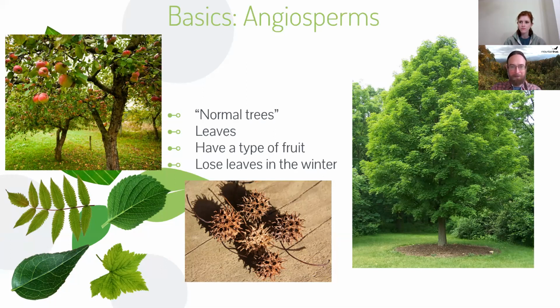They have leaves instead of needles. As well as seeds, some of them can have fleshy fruits or nuts, where the fruits would surround the seeds, or the nuts would actually be the seeds. These are generally deciduous, although there are some evergreen angiosperms, for example, the southern magnolia.